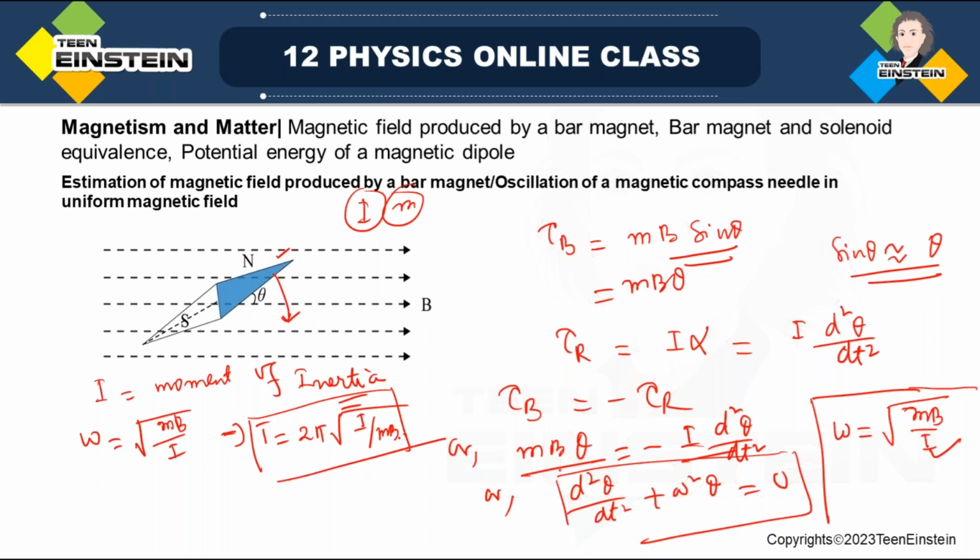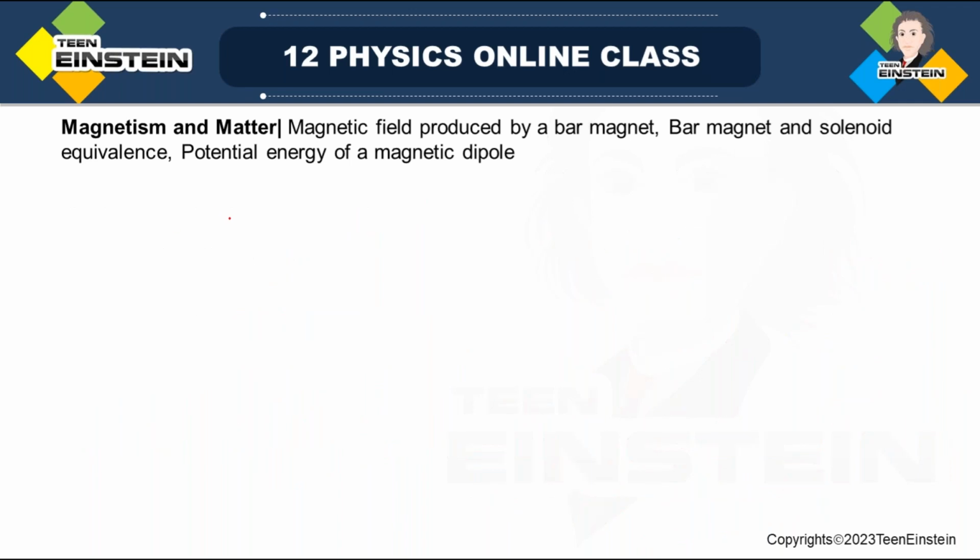So if I have a compass needle in a region, and I know the time period of oscillation, we will be able to easily find it. If we know the time period of oscillation of the compass needle, from there we can estimate the magnitude of the magnetic field.